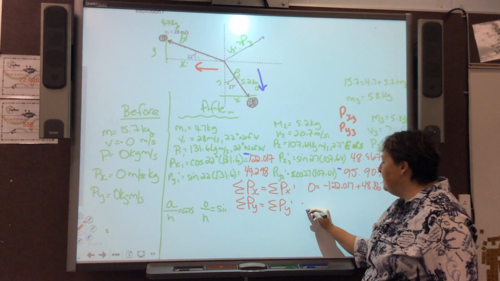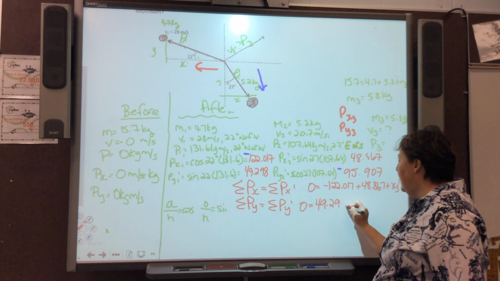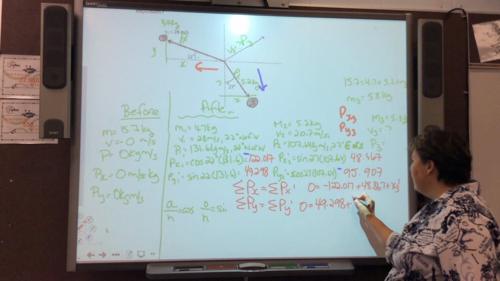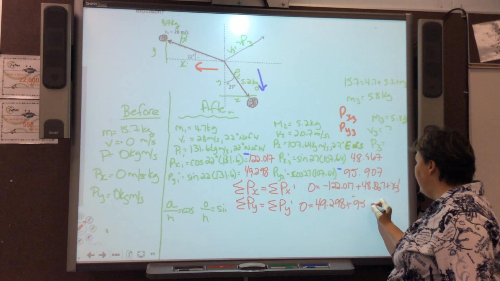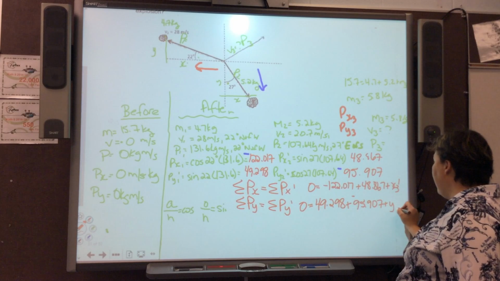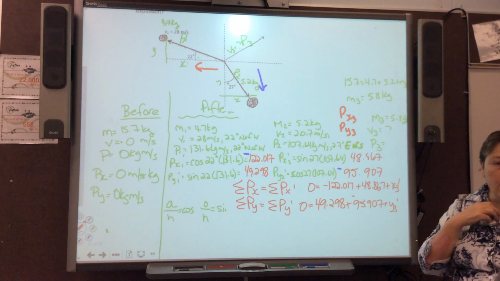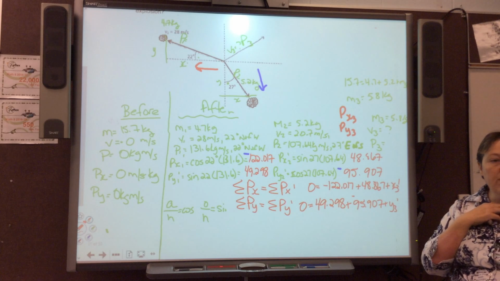And then here we have 0 is equal to 49.298 plus negative 95.907 plus y3.